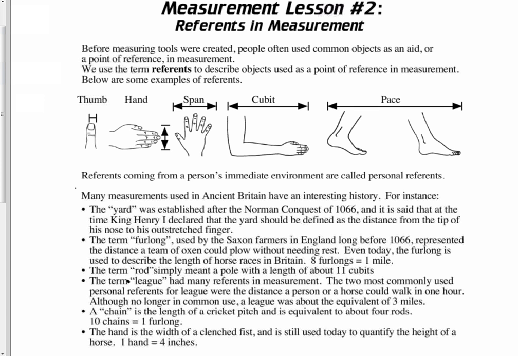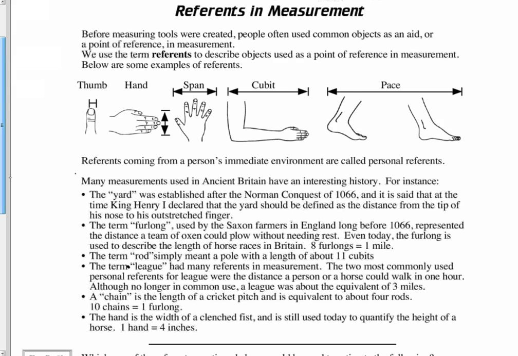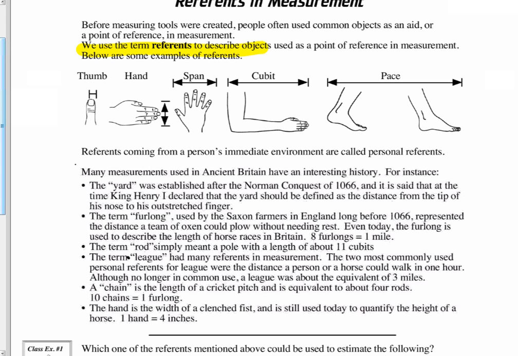So that's pretty funny. It's called a referent. A referent is an object we use to describe or use as a reference for measurement. You've learned about reference before. Pinky, what is that approximately? A centimeter, the width of your nail. A millimeter. Does anyone remember what else is there?